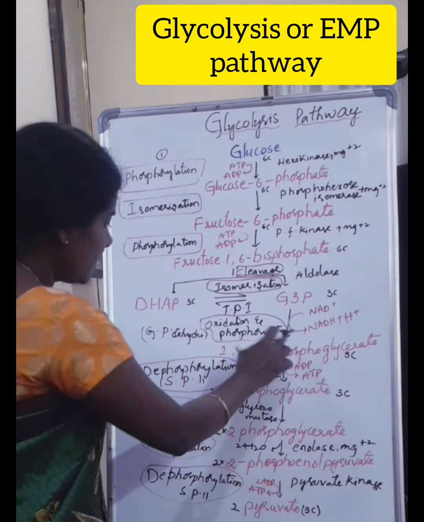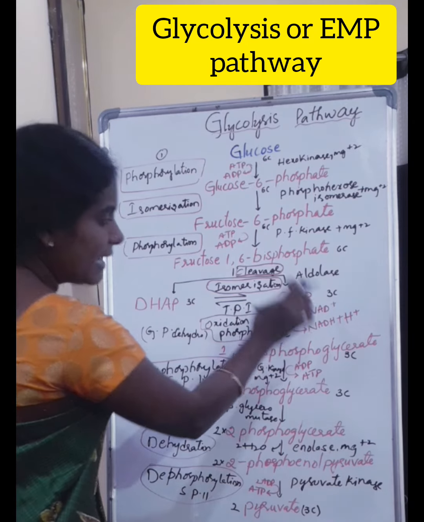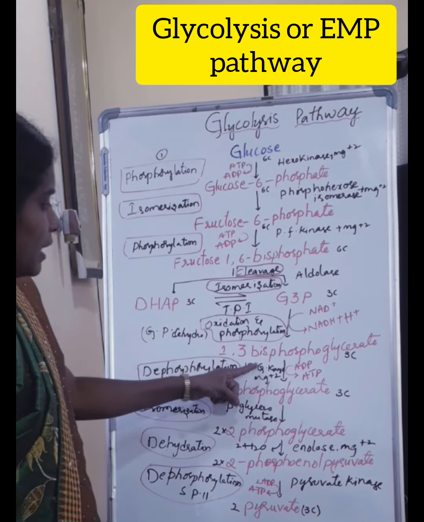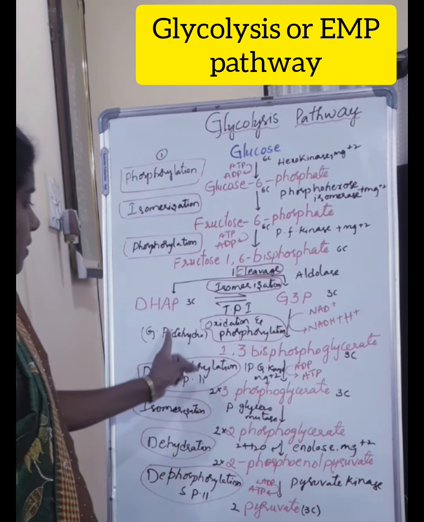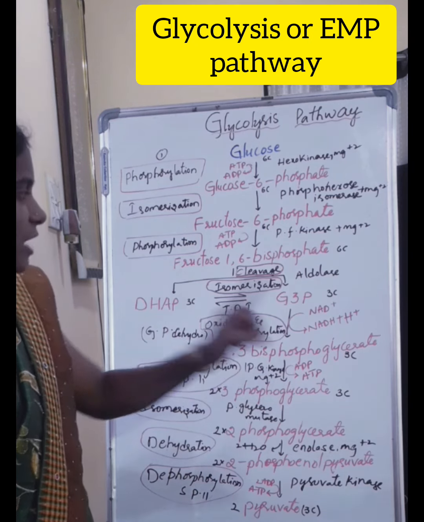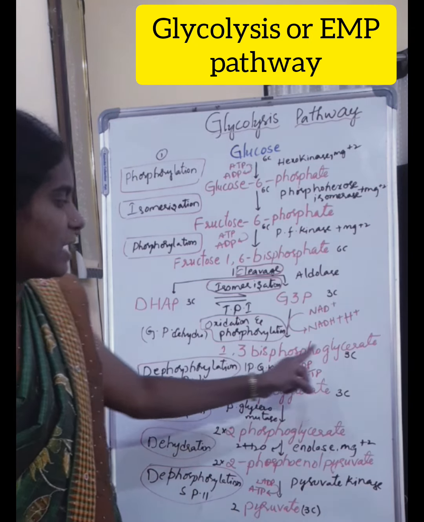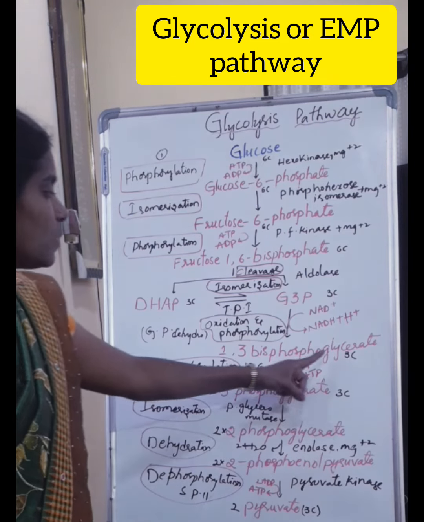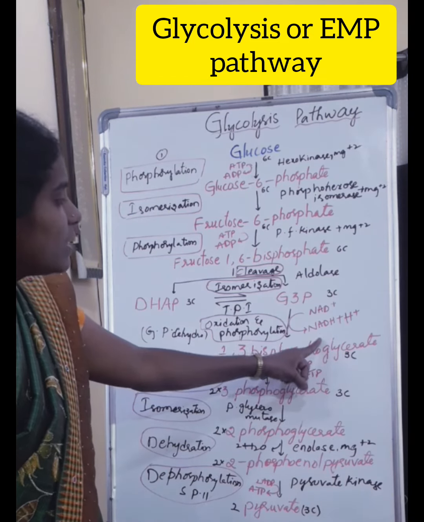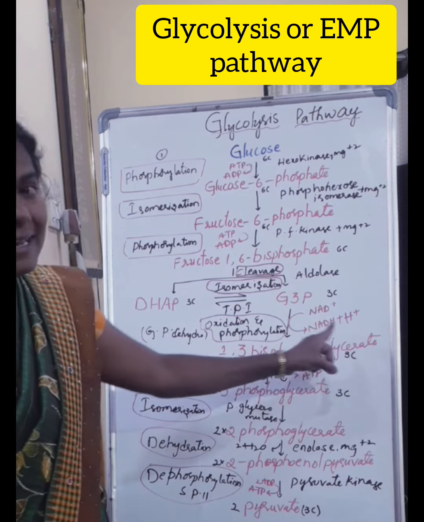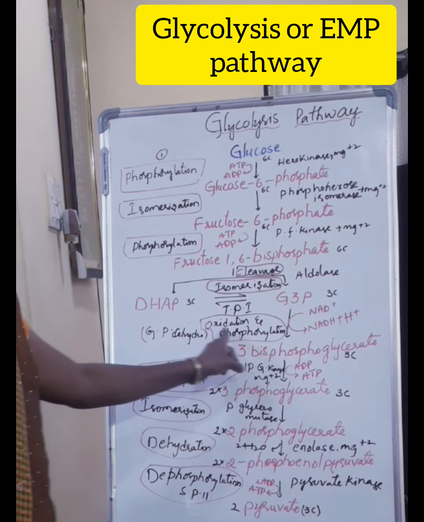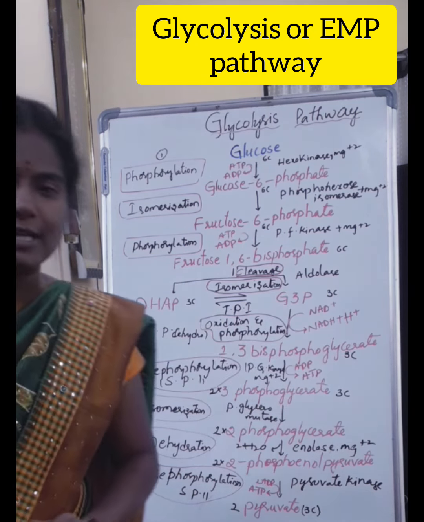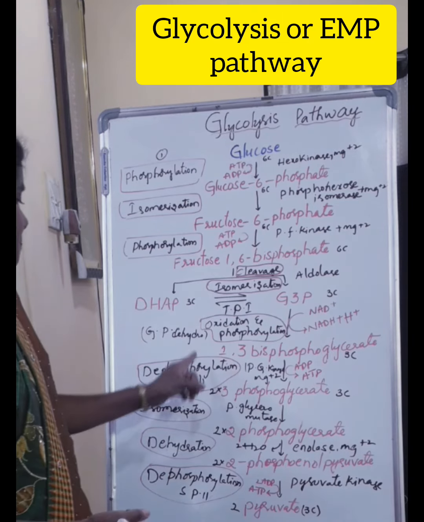Glyceraldehyde 3-phosphate undergoes oxidation and phosphorylation and produces 1,3-bisphosphoglycerate. Wherever NADH is produced, oxidation and phosphorylation take place.